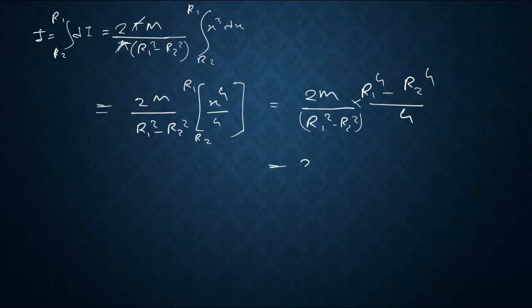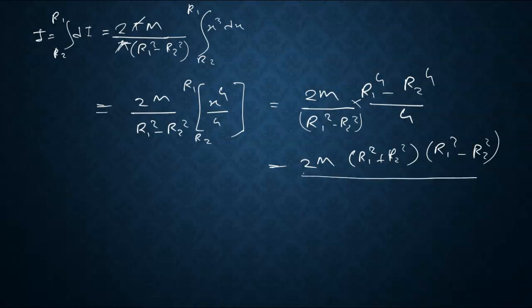So we can say that 2m into r1 square plus r2 square into r1 square minus r2 square. We just simplify it here, r1 square minus r2 square into 4.